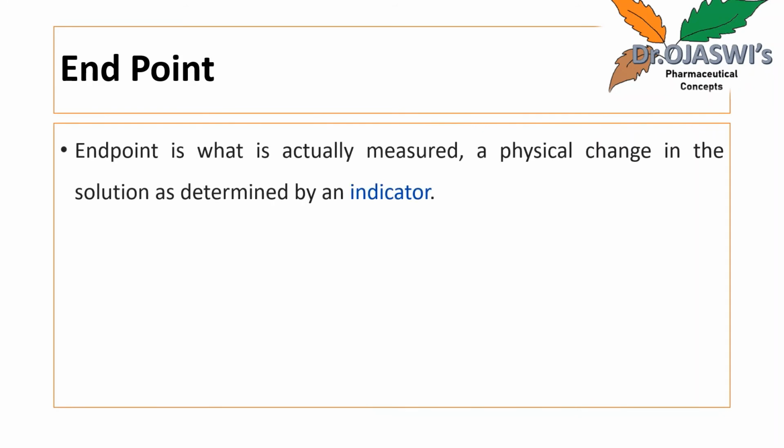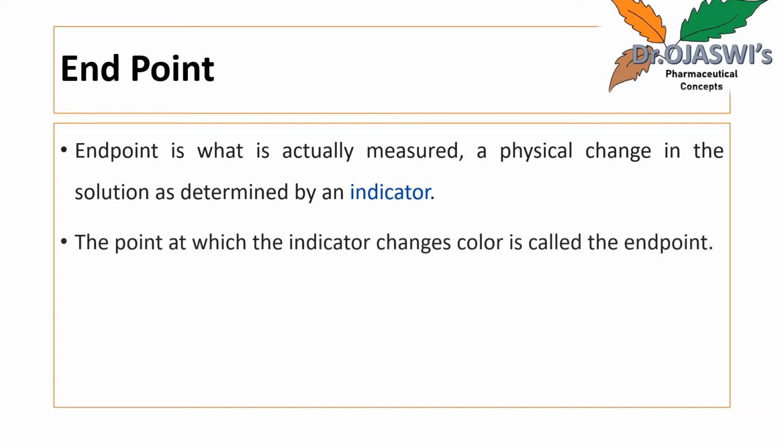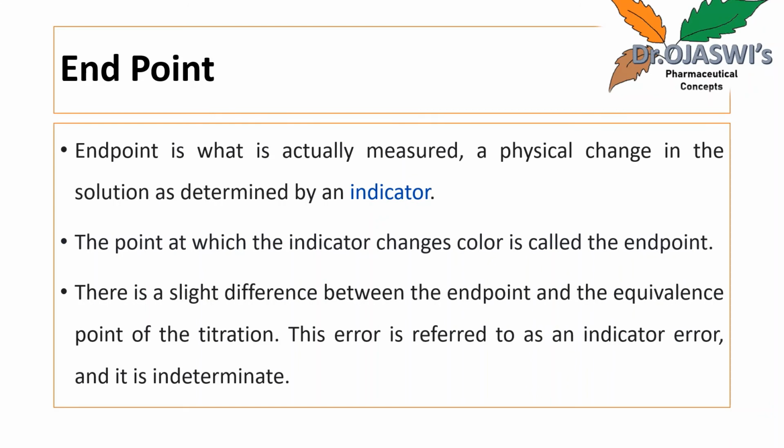That means a physical change in the solution which is determined by the indicator is called the endpoint. It is the point at which the indicator changes color. There is a slight difference between the endpoint and the equivalence point of the titration, and this error is referred to as an indicator error, which is an indeterminate error.